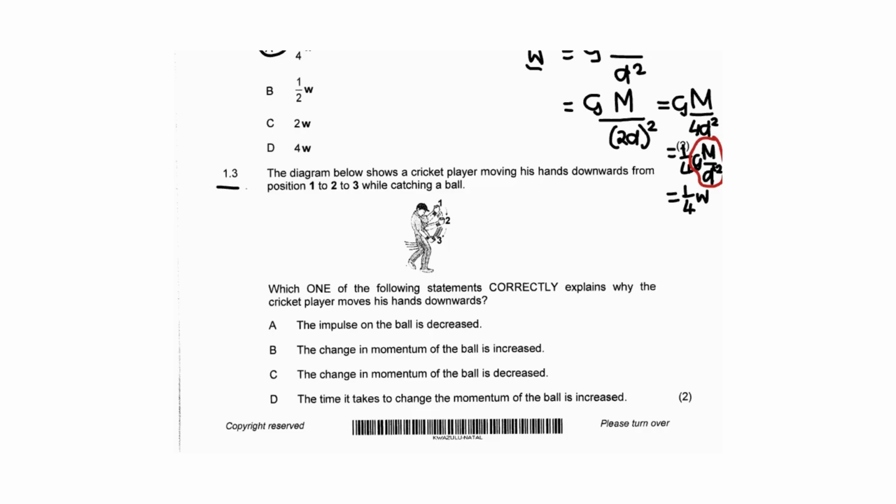Before we even look at the options, let us explain the application behind this. When we were doing impulse, we said that when you want the force that an object experiences to be small, you need to extend the time.